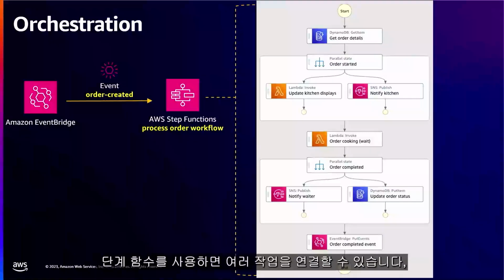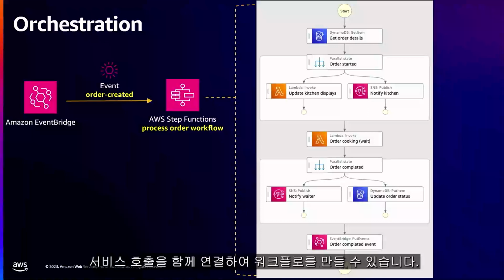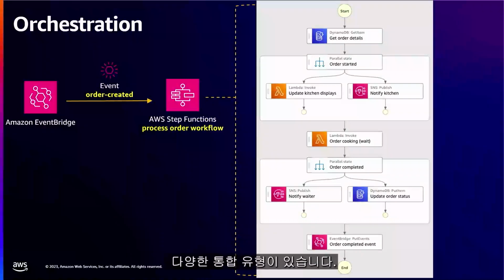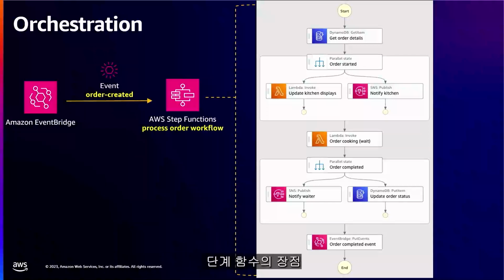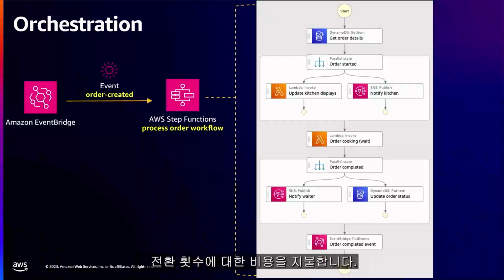With Step Functions, we can chain multiple actions and service calls together to create a workflow. And there are various integration types that we can use, such as running things in parallel. The great thing about Step Functions is that with the standard workflows, we pay for the number of transitions rather than the time that it runs for.